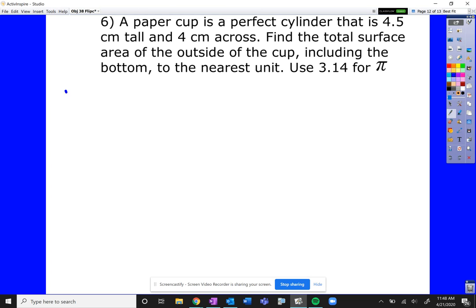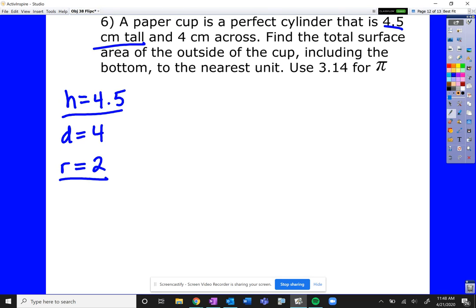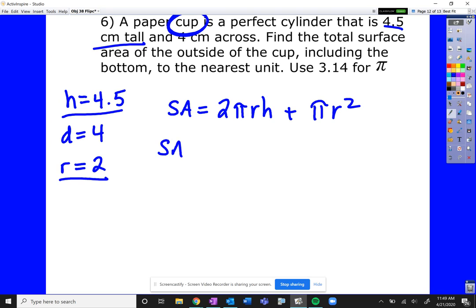So the height is 4.5, and it's 4 centimeters across the whole cup, which means its diameter is 4, meaning our radius must be 2. The formula: 2 pi rh plus pi r squared, because it's a cup. That's important. It's a cup. Only the bottom, no top.